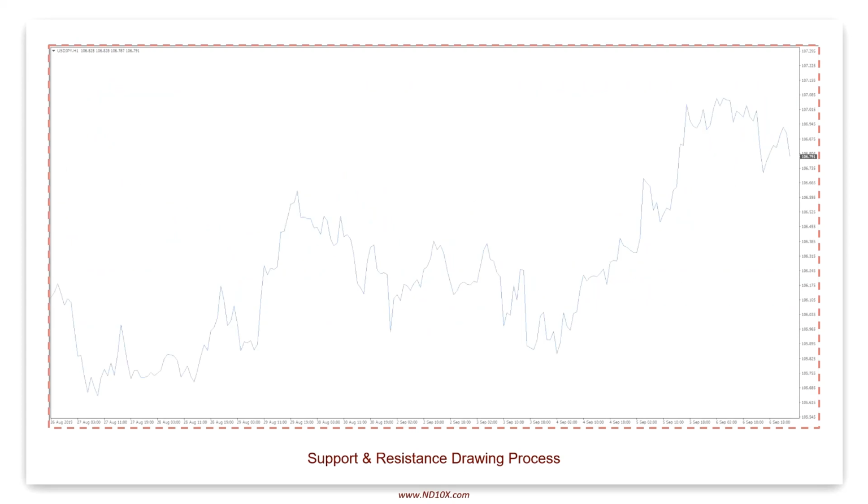Let's see, dollar yen 1 hour time frame. We are in the uptrend. Definitely in this case, the reason I like to know support and resistance levels is more because I want to try to join the trend. Let's say in this case we see maybe the uptrend.